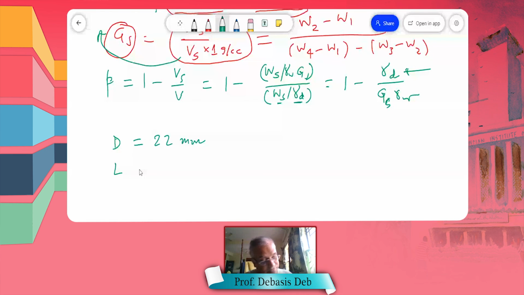Length is 35 millimeter. And the dry weight is 30 gram.